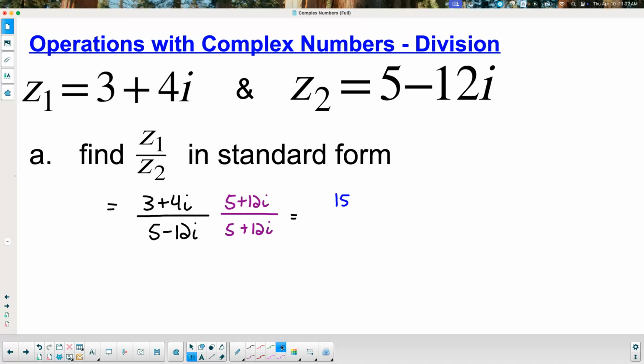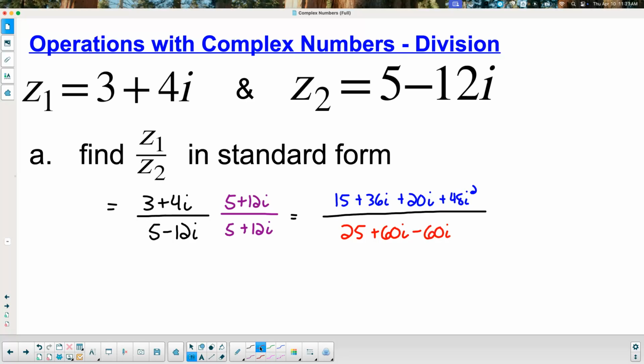So on top here, then we get, what would that be? 15 plus 36i plus 20i plus 48i squared, all over 25 plus 60i minus 60i minus 144i squared.